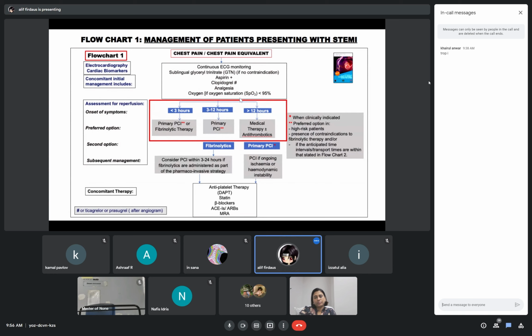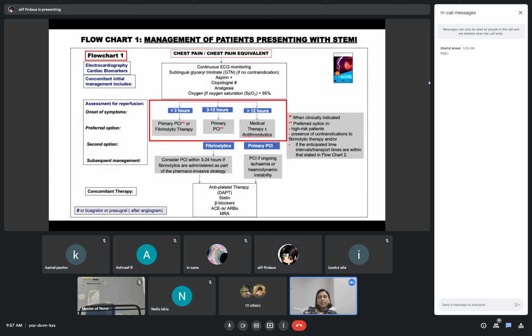So, the flowchart management of a patient presenting with ST elevation MI. First of all, the patient will come with chest pain or chest pain equivalent. What we give the patient is firstly GTN, aspirin, clopidogrel and analgesia, and why do they mention if no contraindication? So, in MI patients, is there a group who cannot be given GTN? We cannot give it to everyone. Some cannot be given it. Who are they? I can't remember, inferior or posterior MI.